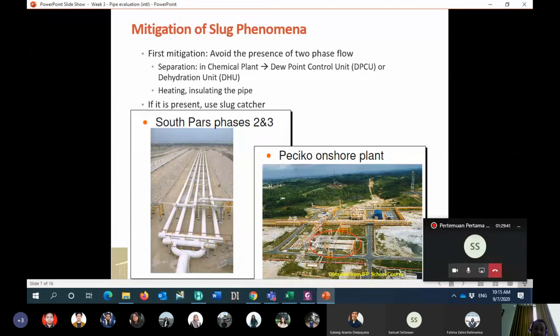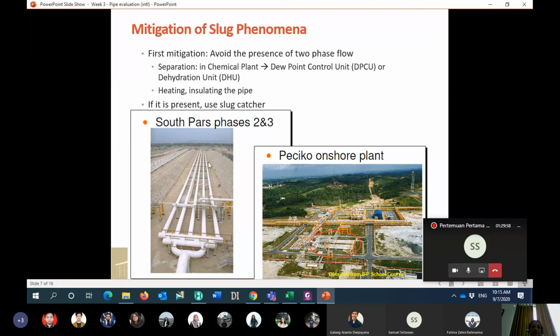So they heat the pipeline. By heating that, they maintain the fluid in the gas phase. So this is the way that we try to avoid slugging.